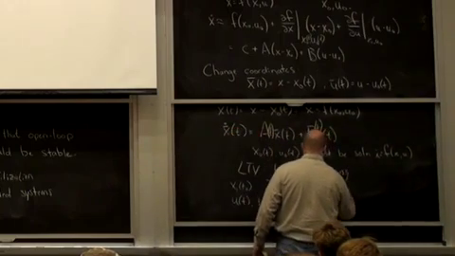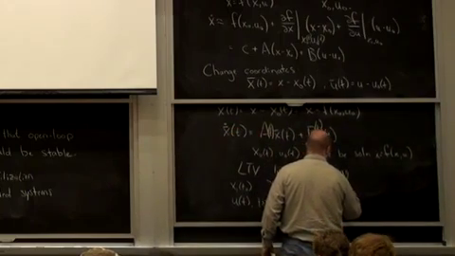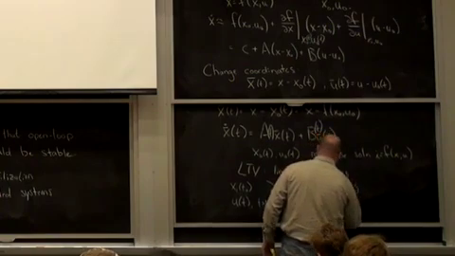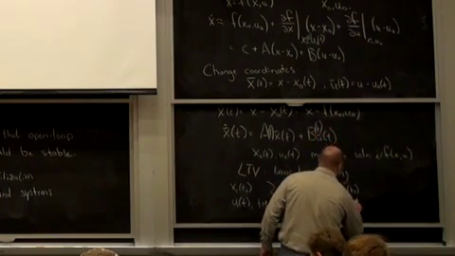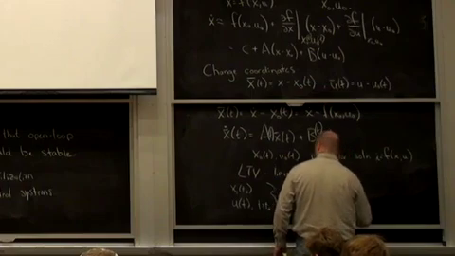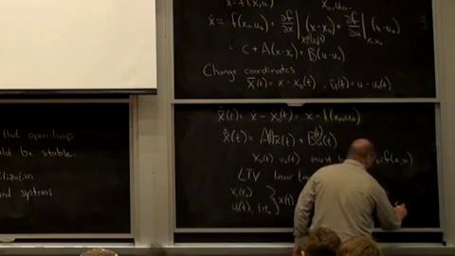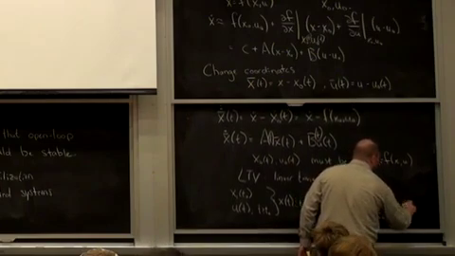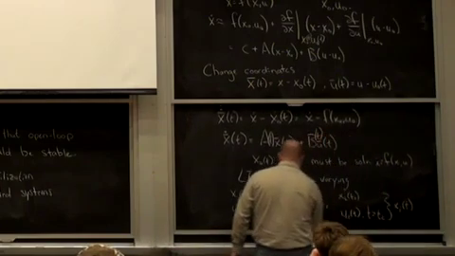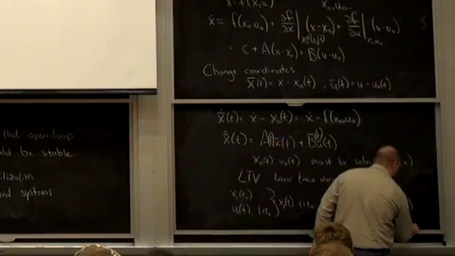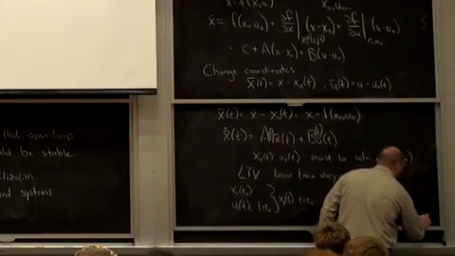And I have another solution with a different initial condition and a different control, right? And that gives me a different one. We call this x1, x2 for t greater than or equal to t0.